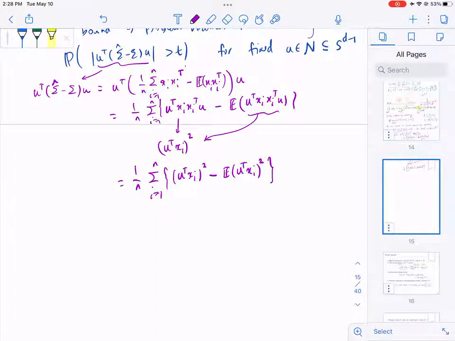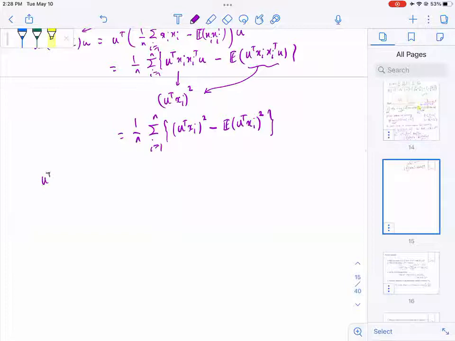Bernstein, yeah. So why Bernstein? Because the inner products are sub-Gaussian, so their squares should be sub-exponential. By assumption, u is in S^(d-1), so u transpose xi is sub-Gaussian with parameter sigma squared for each i.